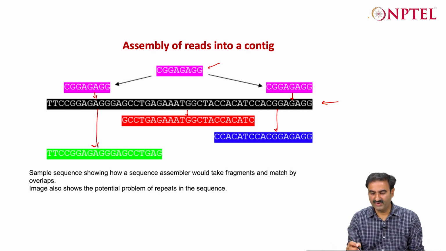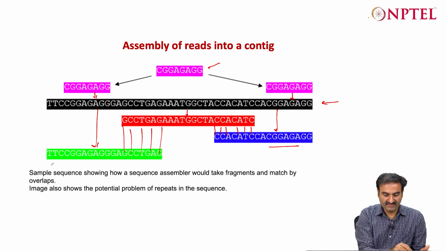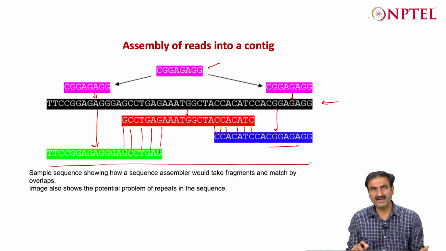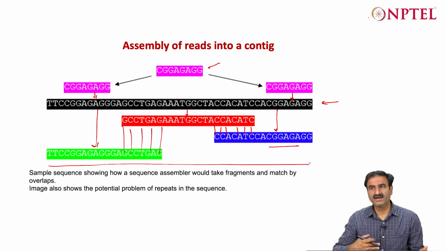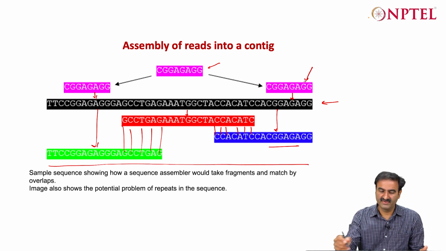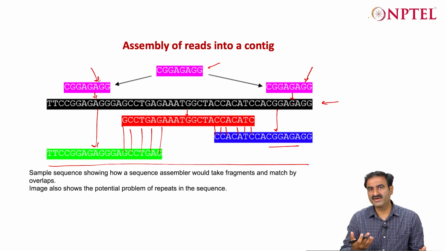So you can see that this read contains this repeat or duplicated region but has some unique region, and similarly here, and this way you can cover the entire region, right. So correct assembly of reads is important, because regions which may be present with the same identity at multiple locations may complicate the process of assembly.